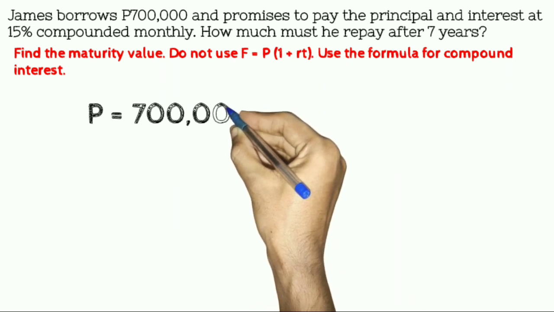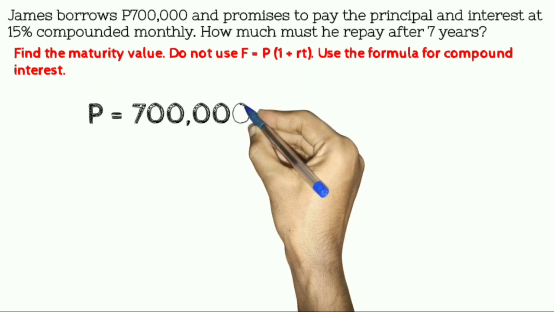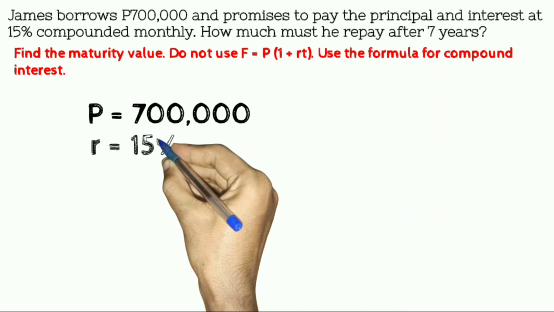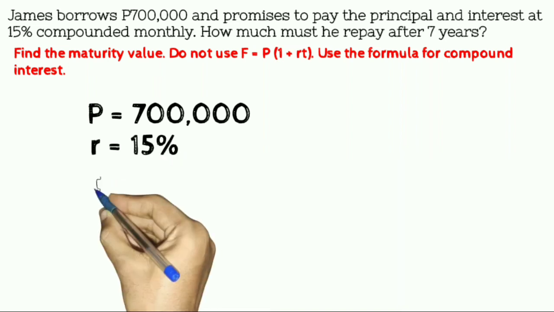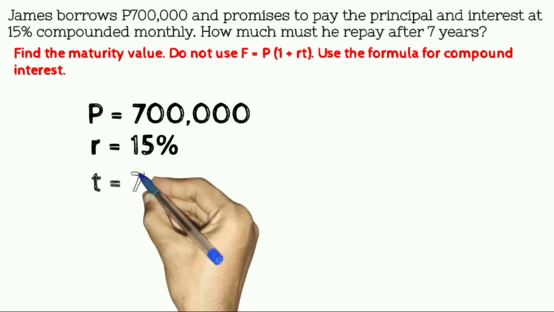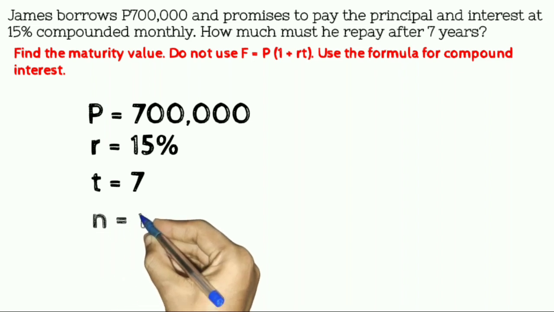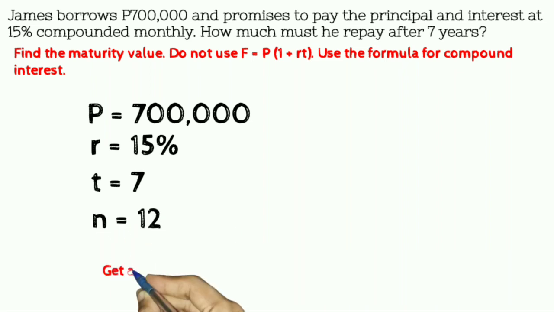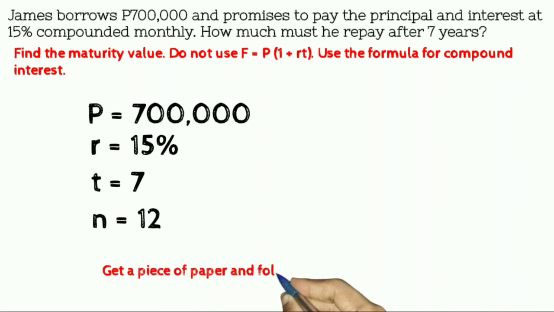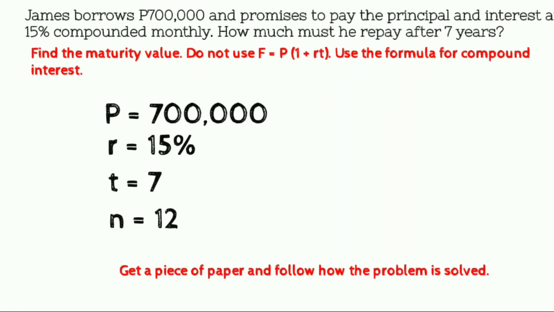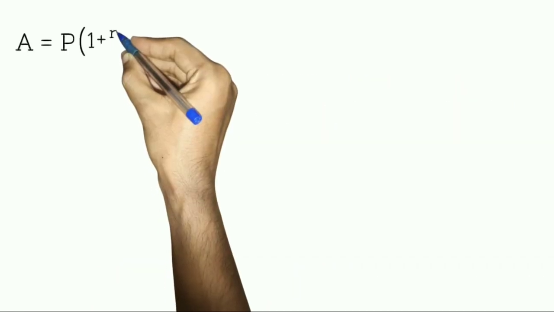In this problem, our P or principal is 700,000. Our interest rate is 15%. Our time is 7 years. And our N is 12. N is 12 because it says compounded monthly. Now, let's substitute the values.